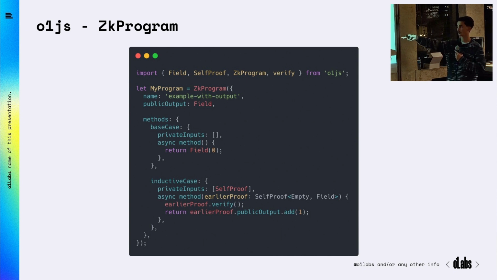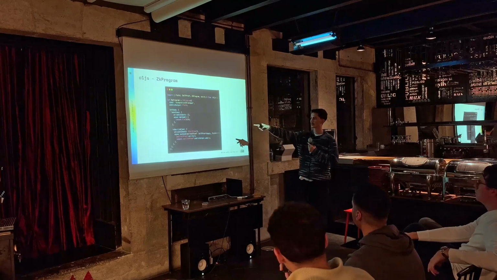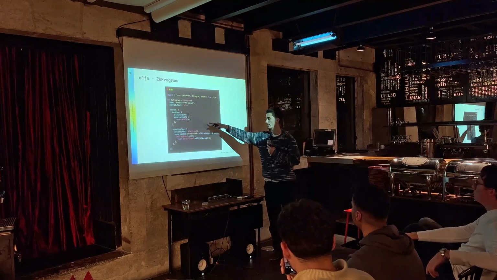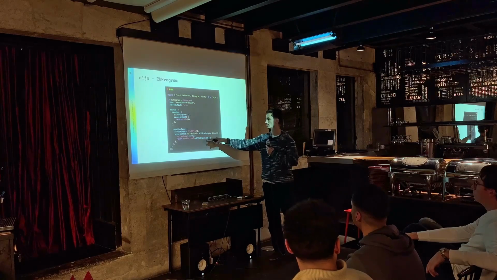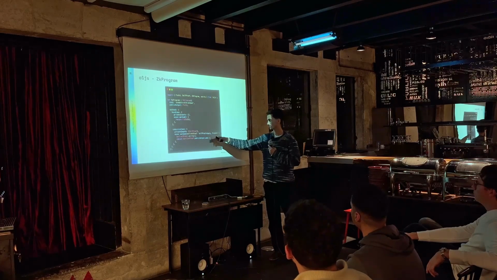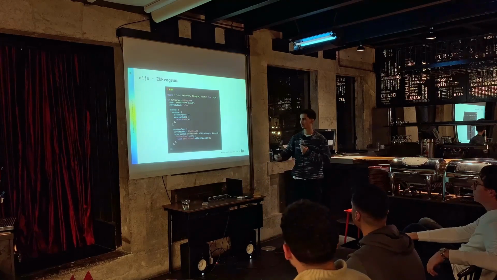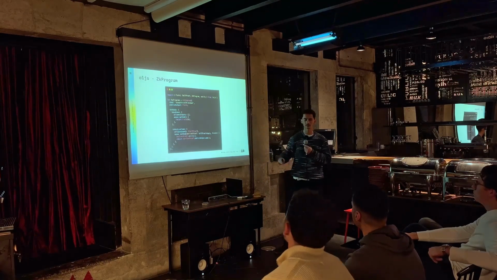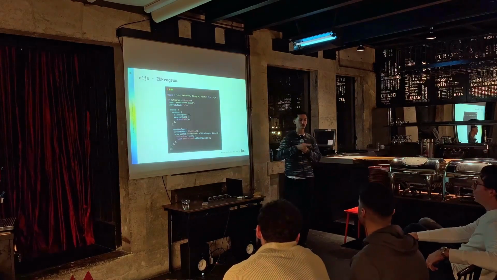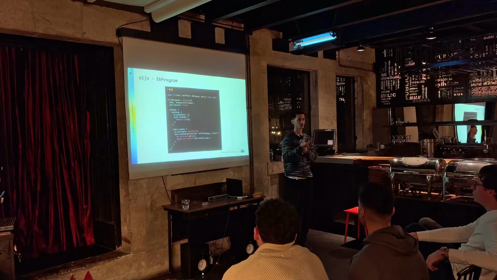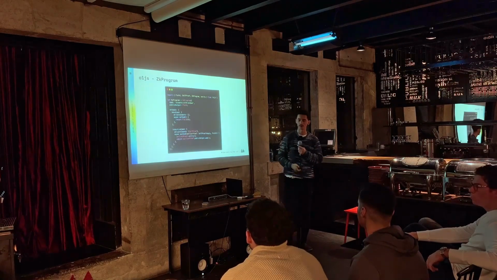Then the inductive case, the recursive method, takes this proof, verifies it, then takes the public output of this proof, adds one to it, and returns it. Then you can take this proof and pass it as an argument to this method, and do it recursively. At the end, you will have a proof that you can verify, and you can verify this whole computation.